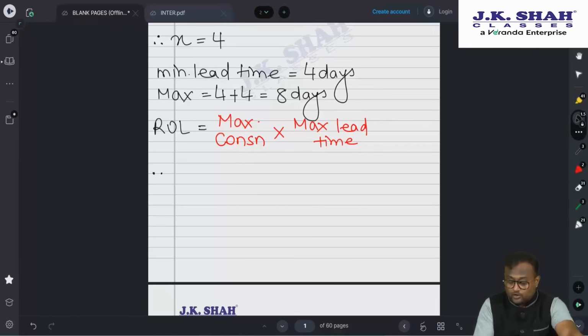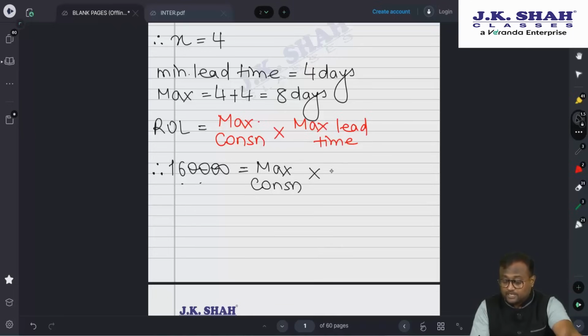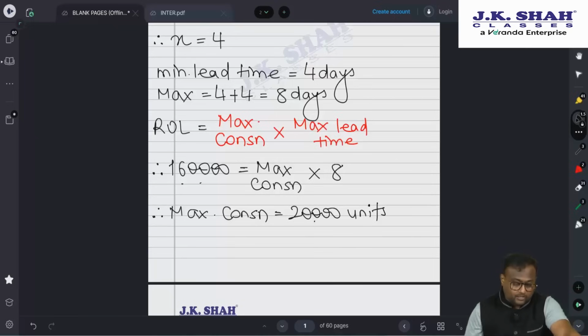Now they have given you reorder level as 1,60,000. Maximum consumption we don't know, but maximum lead time is available with us, 8. So maximum consumption will be 20,000 units. This is your first answer.